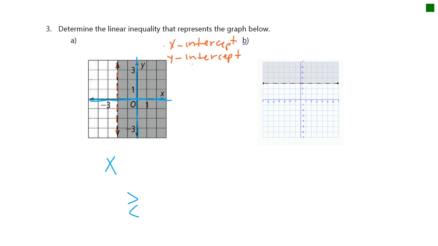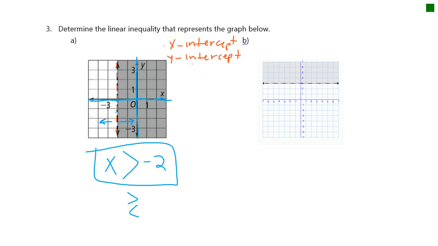From the dashed line, we shade to the right or to the left. Well, you should notice that you shade to the right. That means that the x is going to be greater. The number I'm going to put here is the number that it's crossing through, so it has to be -2. So there you go. x is greater than -2. And again, I don't have a slope for this because my line is constant.